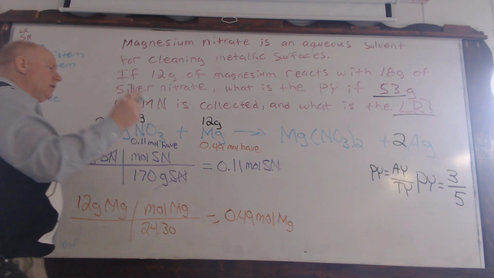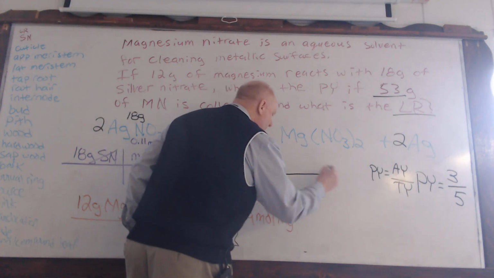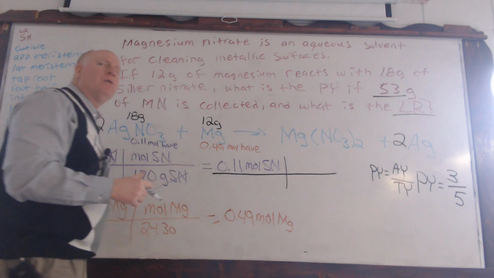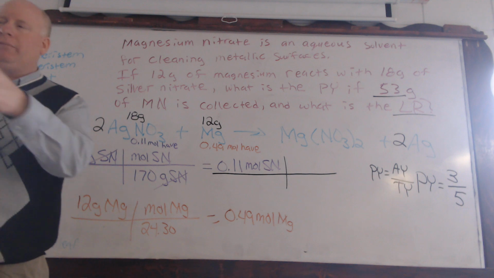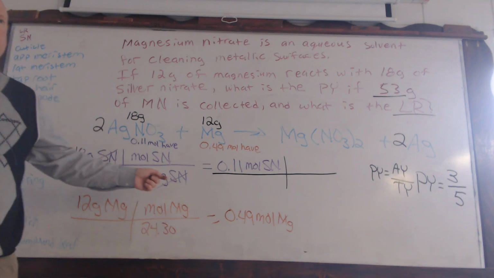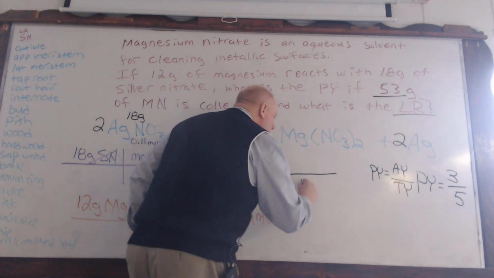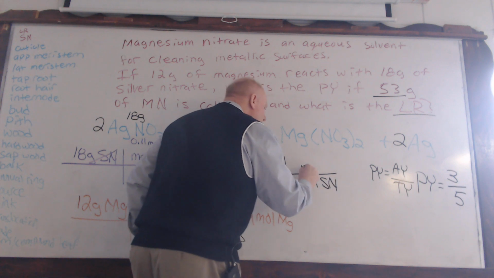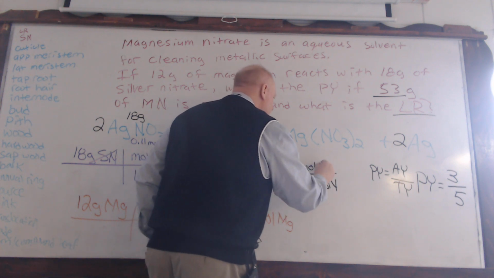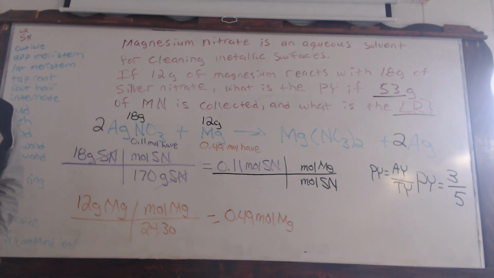Okay? So we need to see how many moles of magnesium are required, and how are we going to do that? Besides playing your Battleship deal. We're going to change moles of silver nitrate to what? Okay? You got to do something very specific in that step.